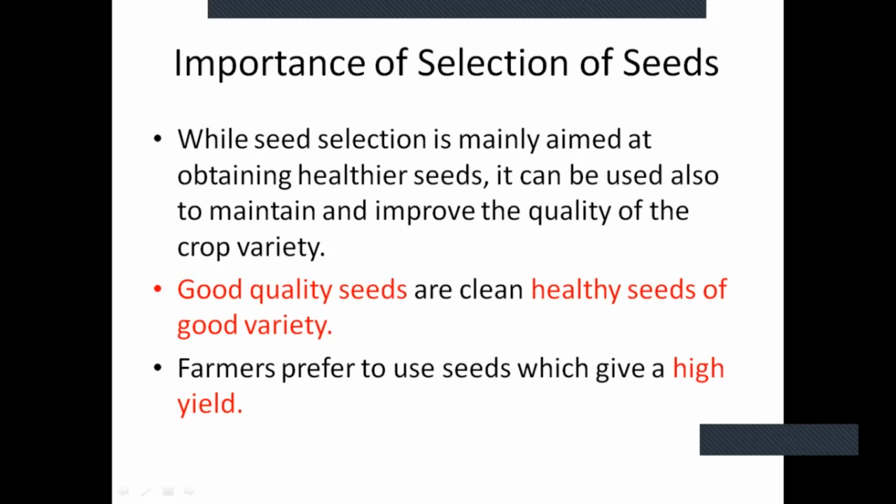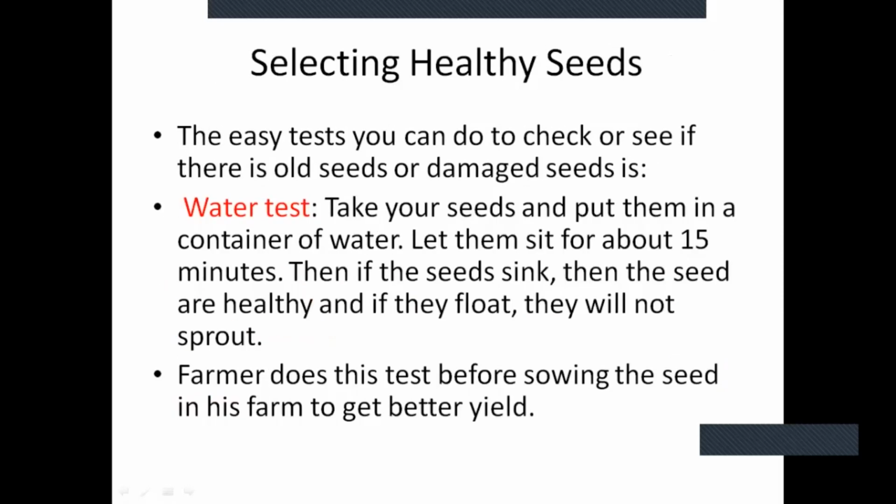So the farmer might be using some method for selecting, yes. For selecting the seeds, the farmer uses a simple method which is called a water test. In this water test, the farmer takes a bucket full of water, and in that he puts the seeds which he is going to sow. He will stir it and keep that for 15 minutes.